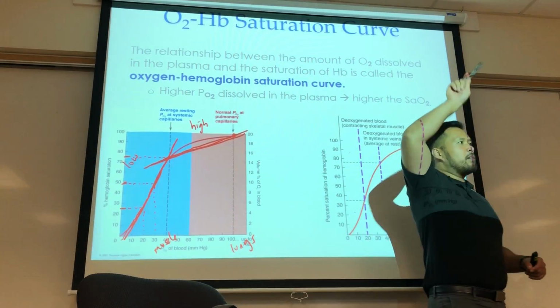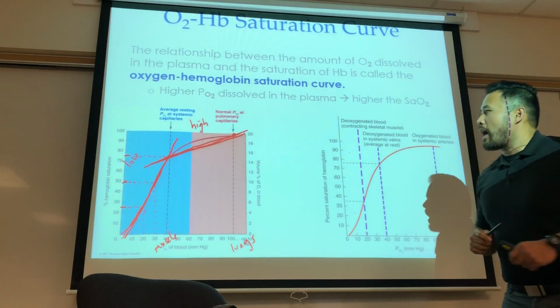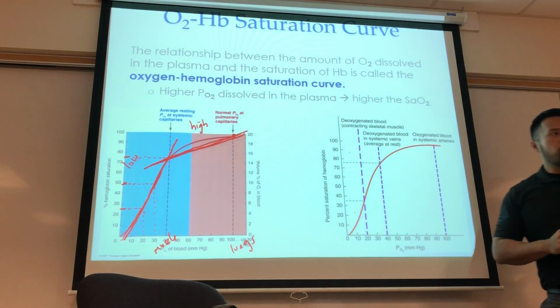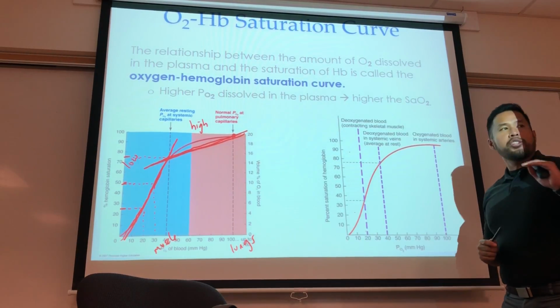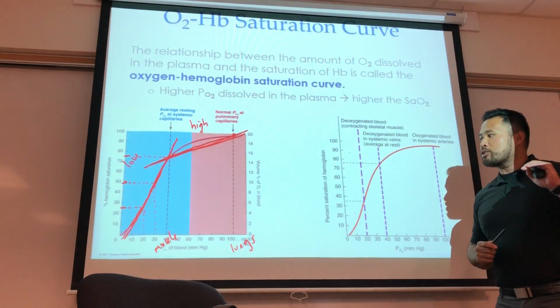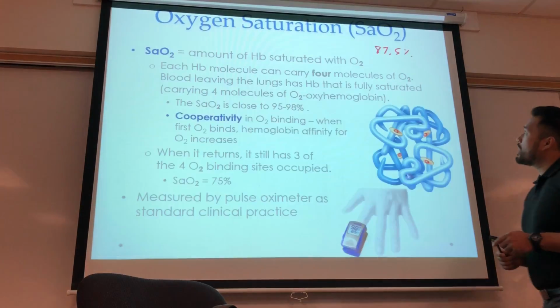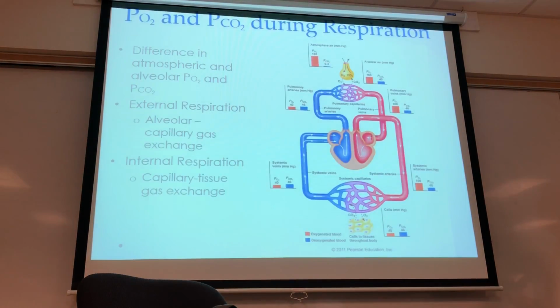So if you were up in the mountains somewhere, right, and we know that 21% is still oxygen, but the atmospheric pressure up there is low. That means down the line, if atmospheric partial pressure of O2 is low, then alveolar is going to be low. And let's say the alveolar PO2 is about 75 millimeters of mercury.